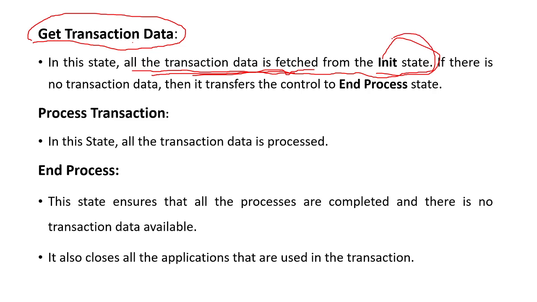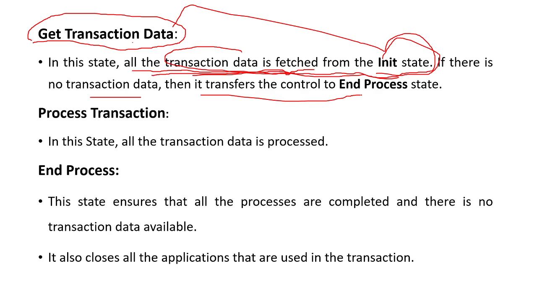So first init state will be executed, and then get transaction data state will be executed. In other words, first the robot will enter the init state, and then it will enter the get transaction data state specifically. The job is to get the data from the init state. If there is no data, then it transfers the control to the end process. Obviously, that is true, right? If there is no data to process, then obviously you need to end the process, and to end the process, it will go to the end process state.